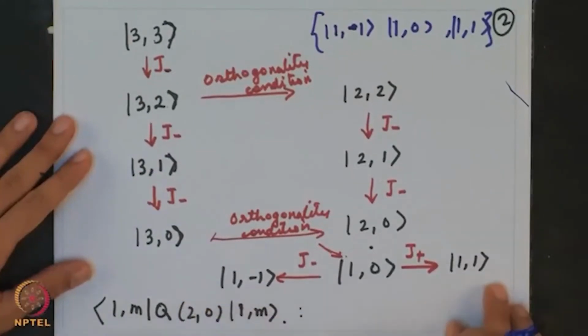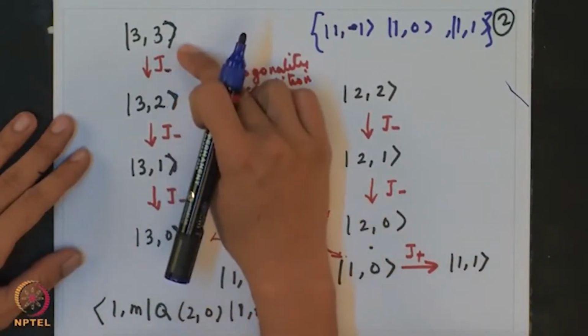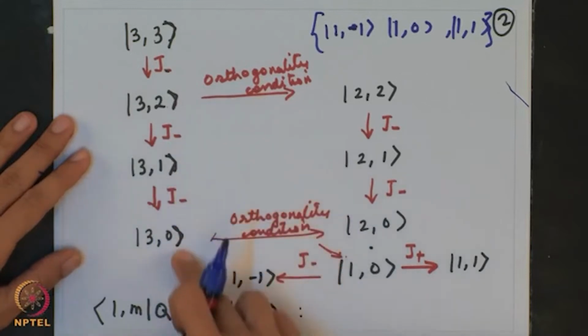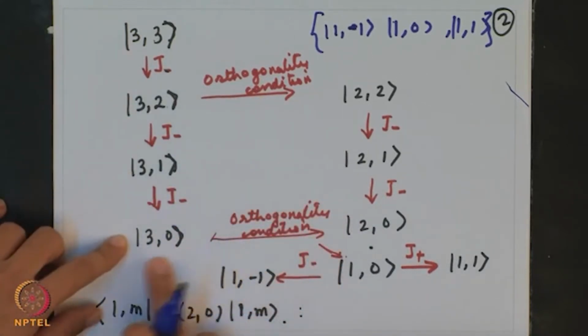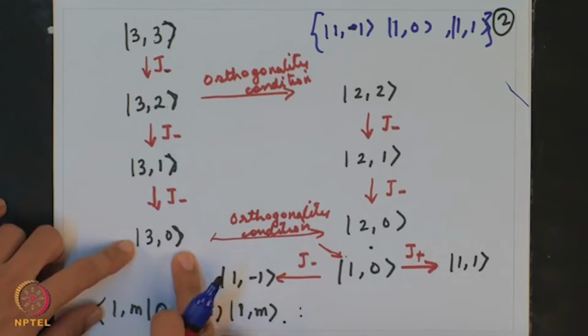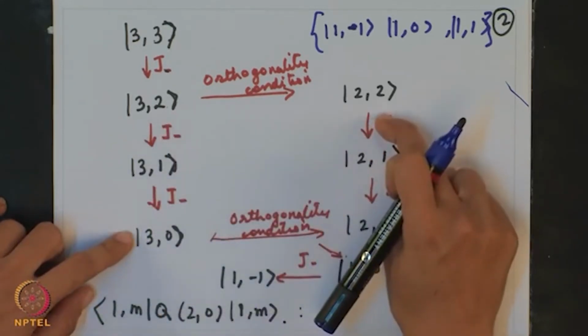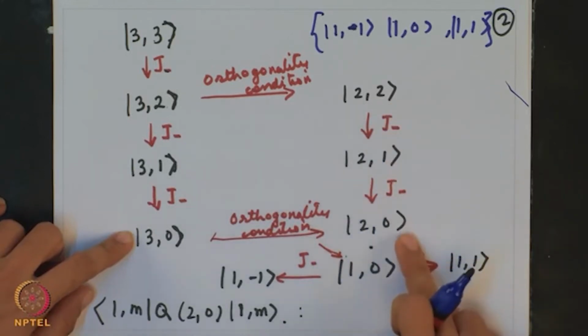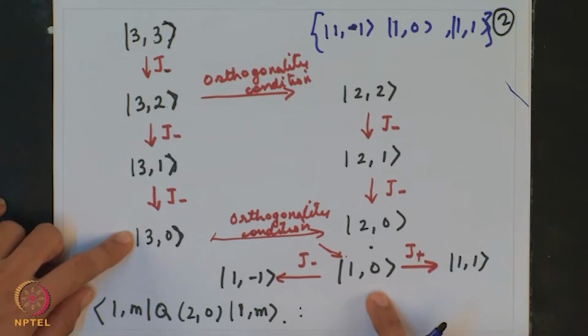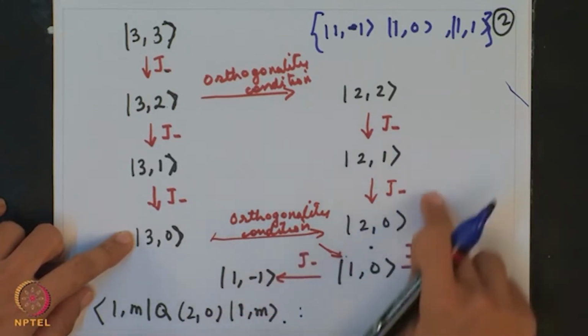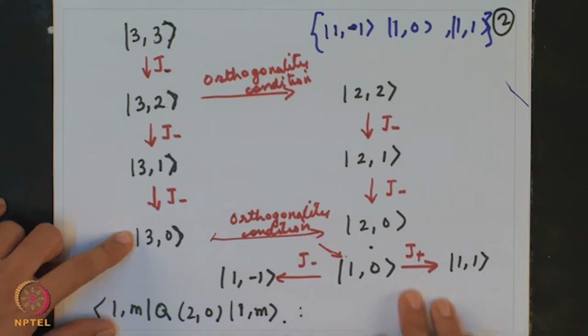So, let me just go through the roadmap once again. This is the roadmap. From the 3 2 state, you go to the lower state, you apply J minus multiple times to obtain the 3 0 state, and using the orthogonality condition you can switch to the state 2 comma 2, and again a series of ladder operations would result in the 1 0 state by the orthogonality condition and J minus, and then the plus and minus ladder operators can be used to obtain these 2 states.